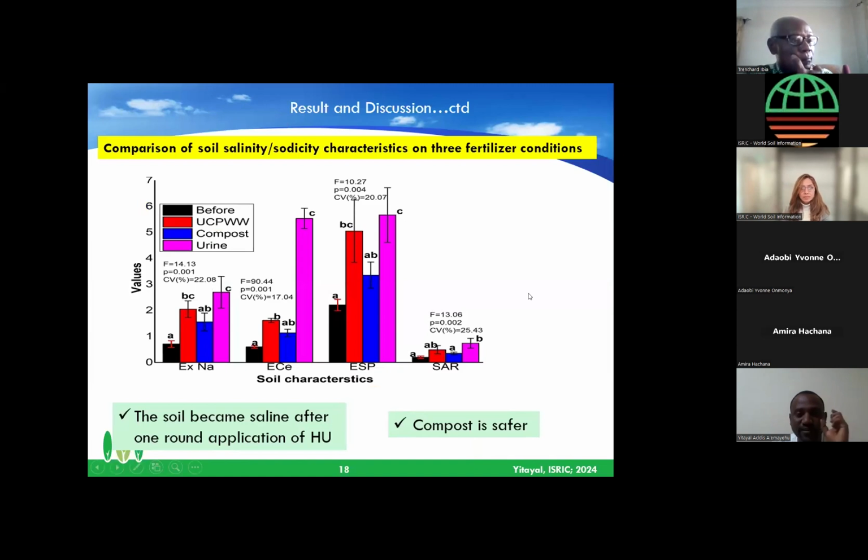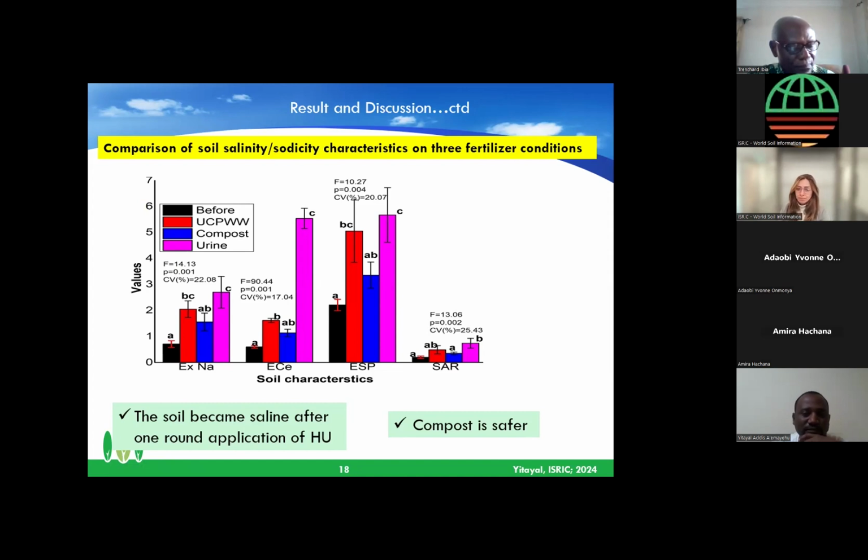One thing which was really the objective of the study is comparing the mixture with the pure urine, because there are some recommendations to use urine as a fertilizer. Is that really effective, or what will be the effect of this urine on the soil characteristics? We tried to compare.